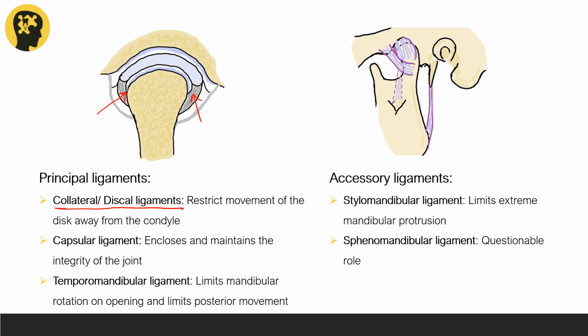The second principal ligament of the TMJ is the capsular ligament or the joint capsule because it encloses and stabilizes the components of the joint. The third important ligament is the temporomandibular ligament or the lateral ligament because, as we discussed before, it's an anterolateral thickening of the joint capsule itself.